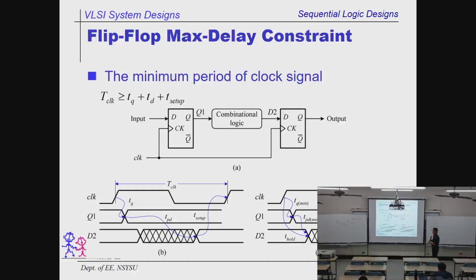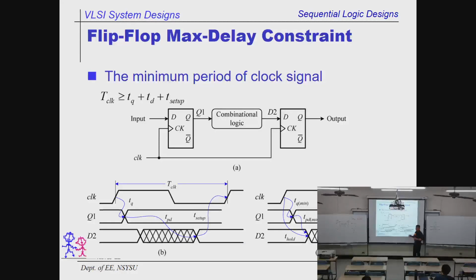Then the second figure here is the TQ minima. This is the minimum you need. The fastest speed you can clock to Q1 over there, and you have a very short high-speed circuit, the TPD minima. Then you have a T-hold over there. This is the worst case. This is the best case. In IC design, we only care about the worst case. For the best case, we don't care.